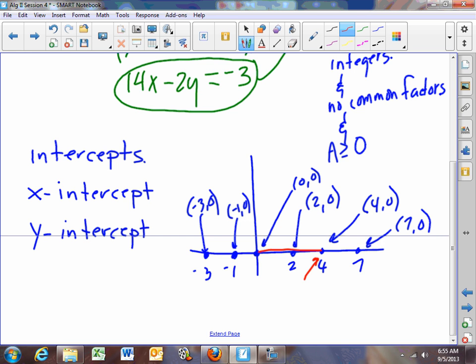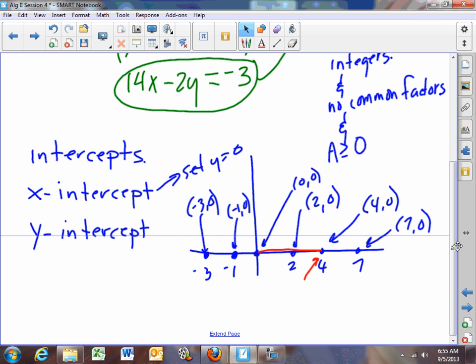And that would keep you on the x-axis. Every point on the x-axis, we haven't gone up or down, so y would be 0 in all of those cases. We can use that in finding x-intercepts, because to find the x-intercept, set y equal to 0. In other words, put 0 in for y and solve the equation for x.